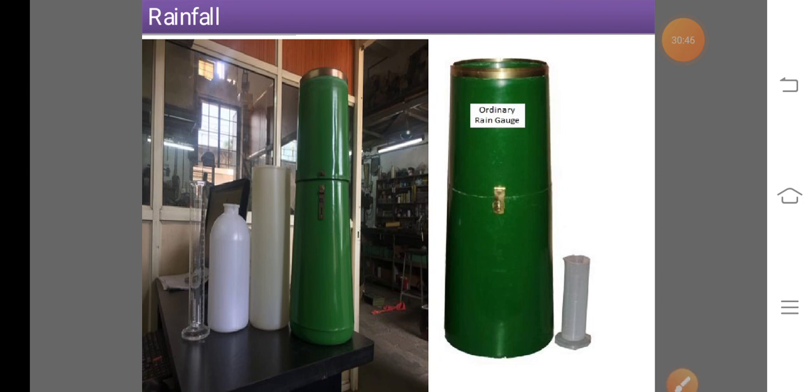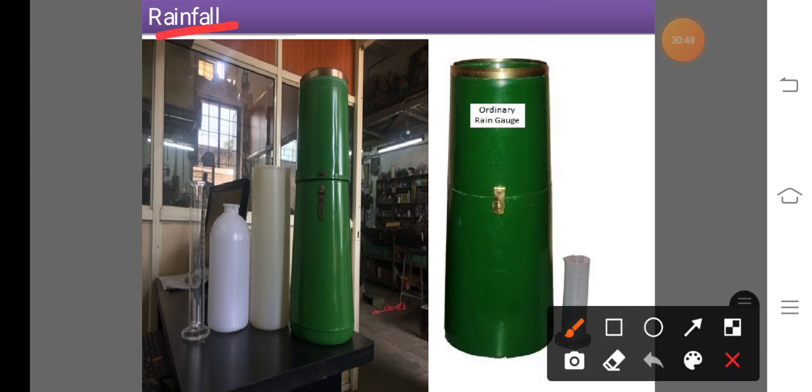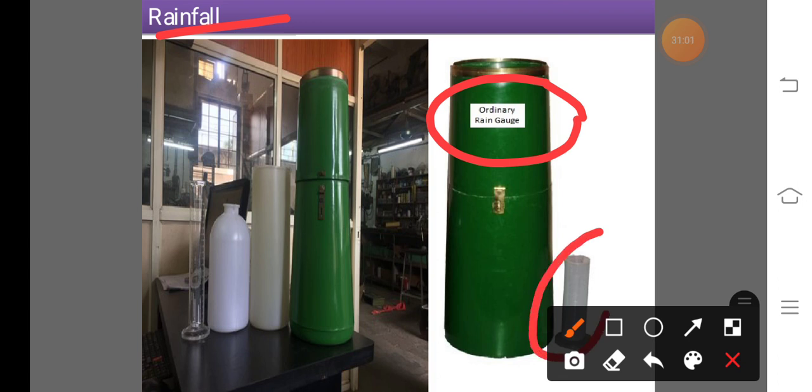Now the next, for recording rainfall. For recording rainfall, two types of rain gauges are used. First one is the ordinary rain gauge. It is also known as the non-recording type of rain gauge with a 20 mm measuring cylinder. That means the capacity of this measuring cylinder is 20 mm.